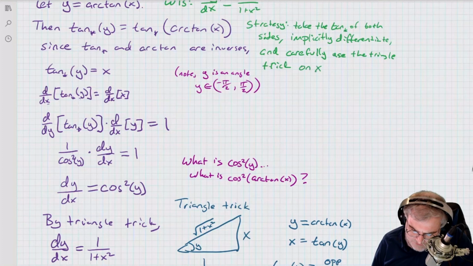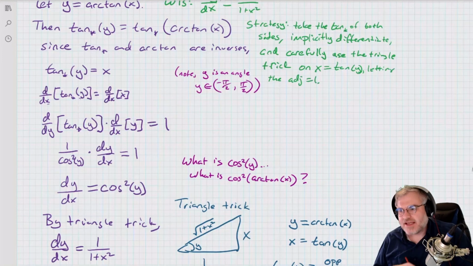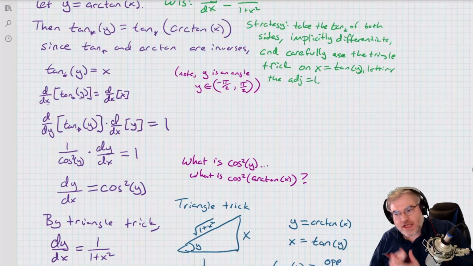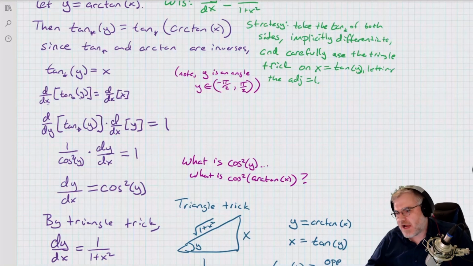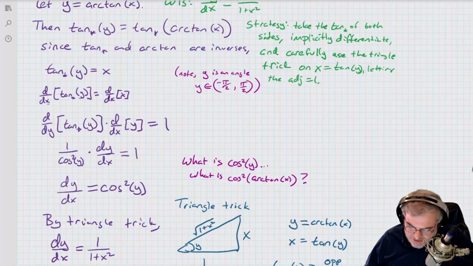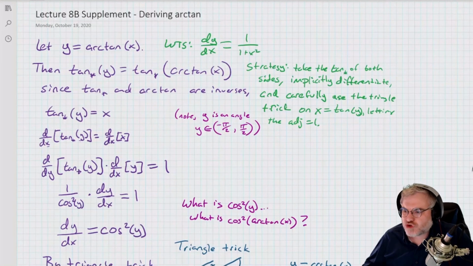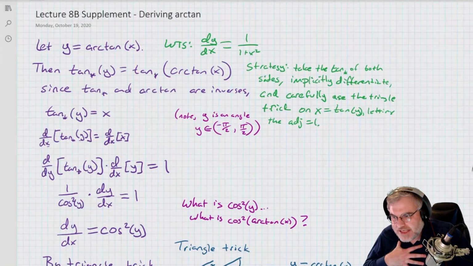On x equals tan y, letting the adjacent equal 1. Okay, so for me, I need to memorize that. Now, that might be natural for you. That's fine. For me, I need to memorize that. I need to set up that triangle trick on tan of y so that I'm starting with that. And then I let the adjacent equal 1. And then for me, it flows from that.